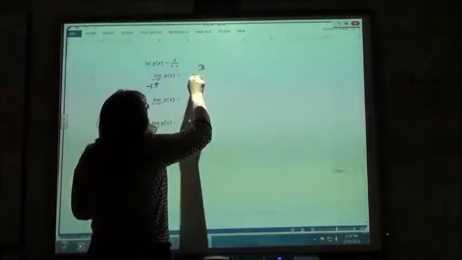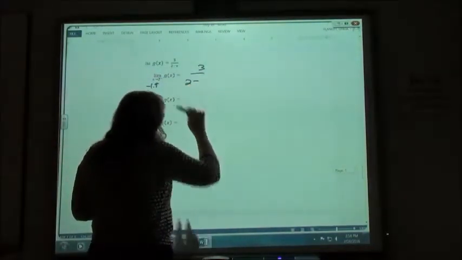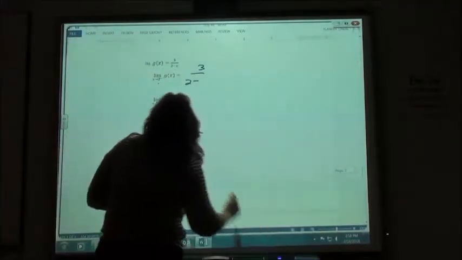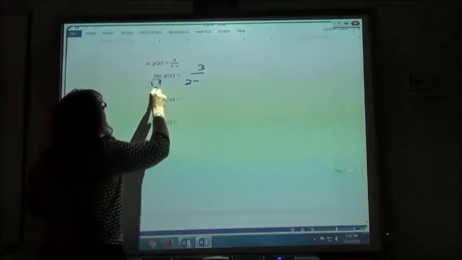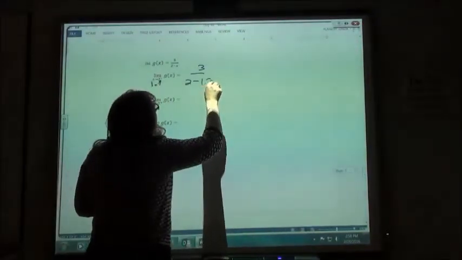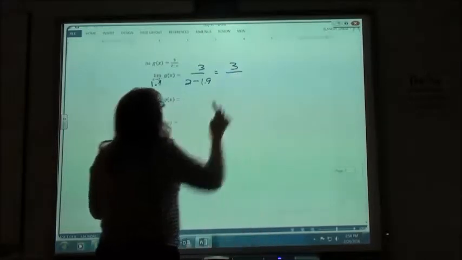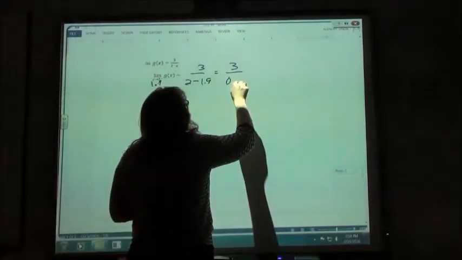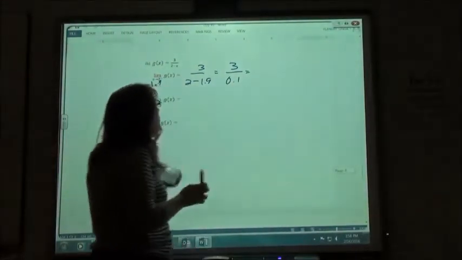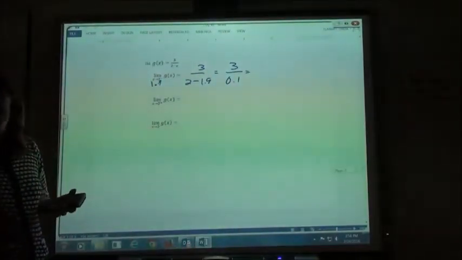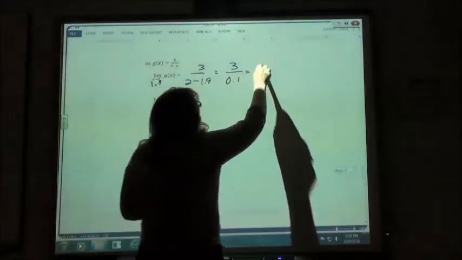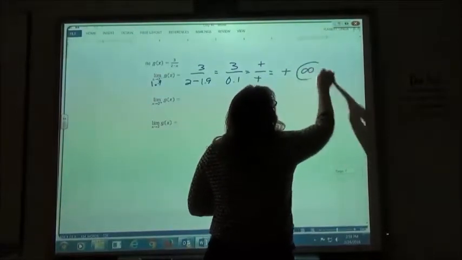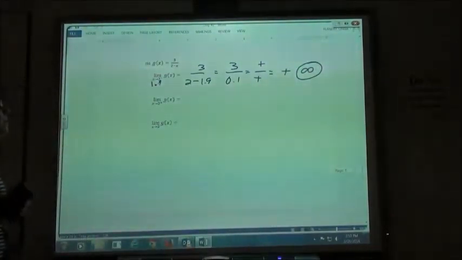So I'm going to get 3 over 2 minus 1.9, which would be 0.1. So again, I'm not concerned about the numerical answer. I'm concerned about the sign of my answer. I'm going to have a positive over a positive, which means I have a positive. I'm going to approach positive infinity as I come from the left-hand side.